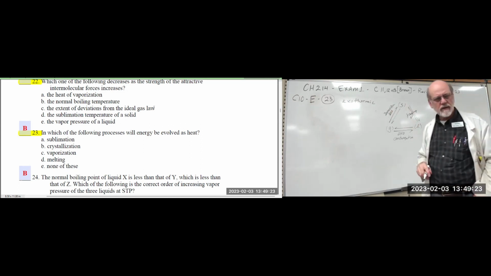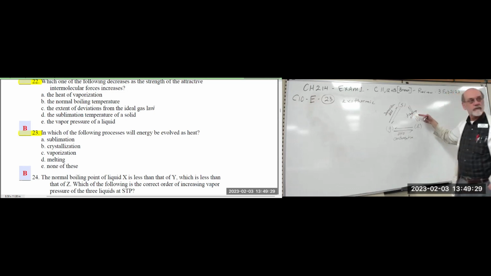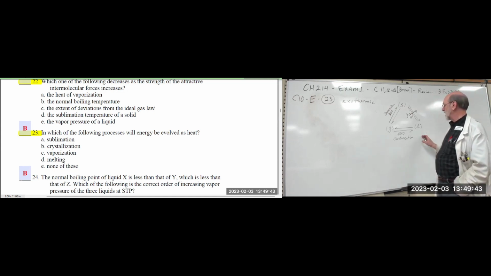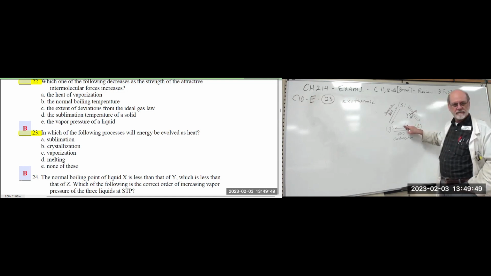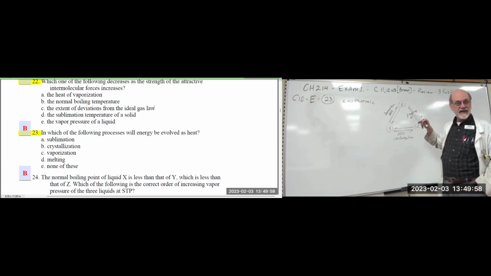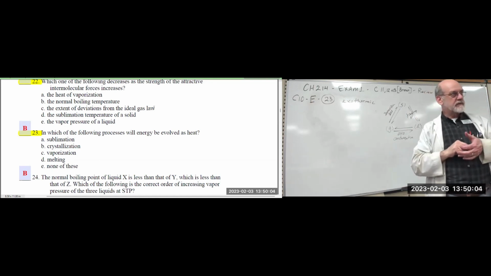Okay, are any of those here? Sublimation is this one. Crystallization is another word for freezing. Crystallization occurs with ionic compounds. So crystallization would be an exothermic process. Vaporization, with this one, that's endothermic. It takes heat to make it happen. Melting would be this one. It takes heat to make that happen. All right, so crystallization is the one that's exothermic out of that list.